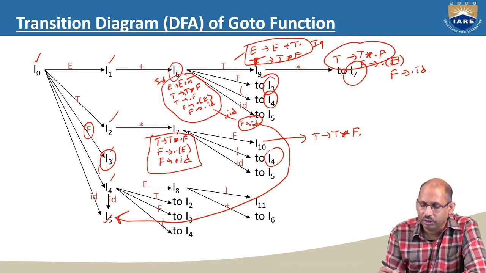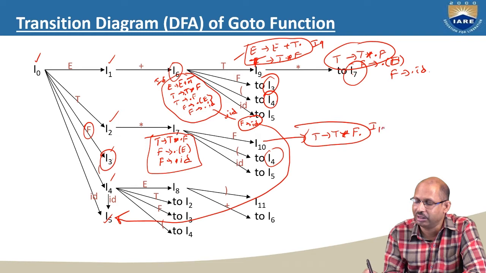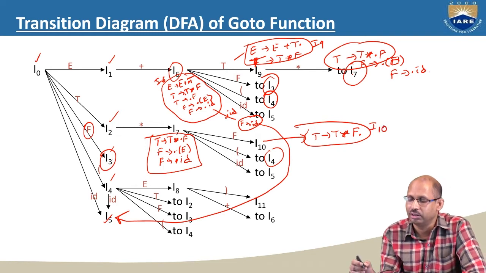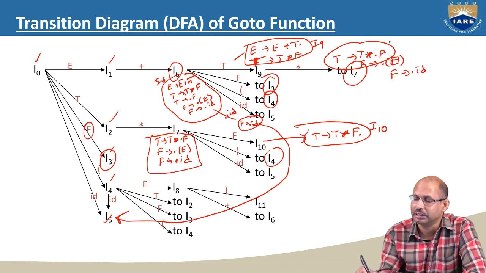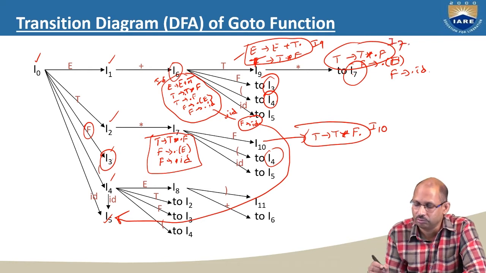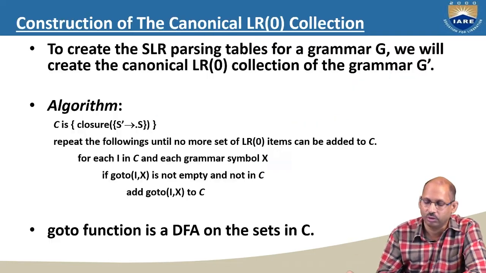Now here this is I10. This is I9. This is I7. Okay? Then here I4. I4 on E, what will it give?